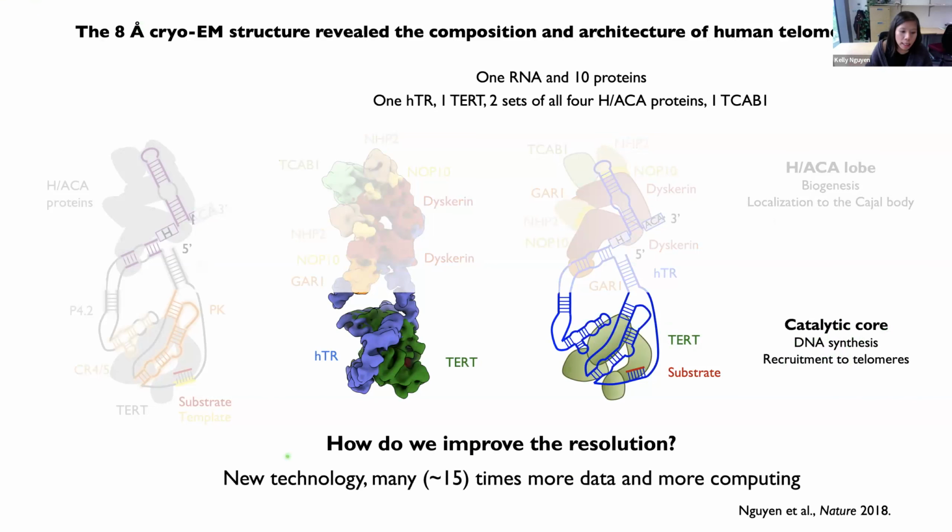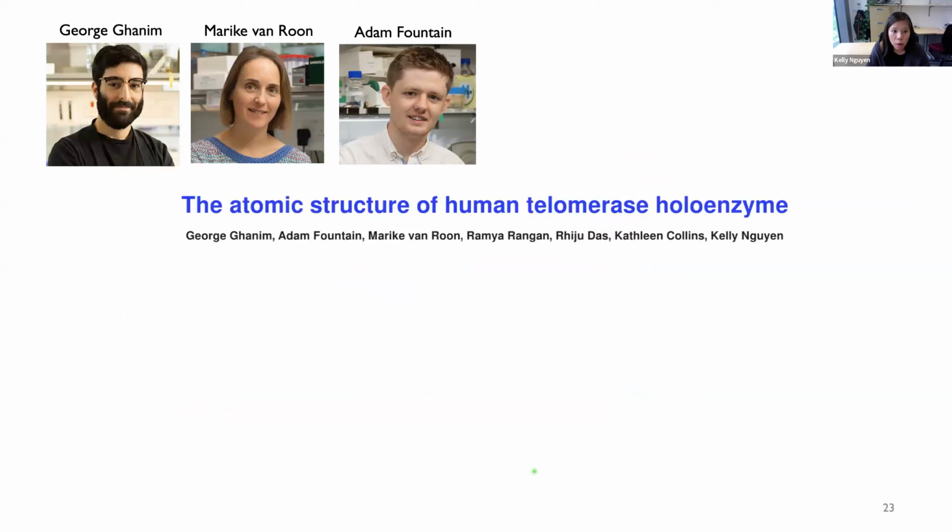We employed the newest technology in detectors, collected many times more data, this time 15 times more particles, and spent more time doing computational work to sort all the heterogeneity out. Together, these 3 things allowed us to make the big jump, where we can obtain the atomic structure of this enzyme, which I'm going to show you in this brief movie.